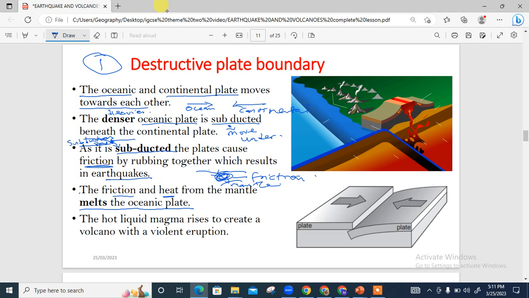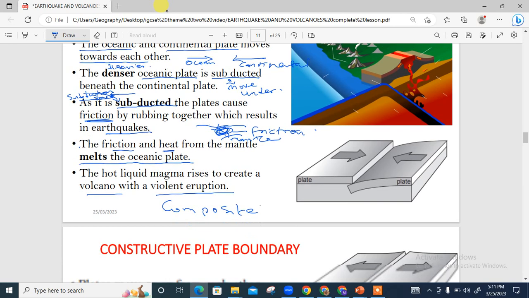That's why it's called destructive, because the oceanic plate gets destroyed in that process. The hot liquid magma now rises to create a volcano with a violent eruption. The type of volcano formed here is usually the composite volcano, like we looked at earlier.